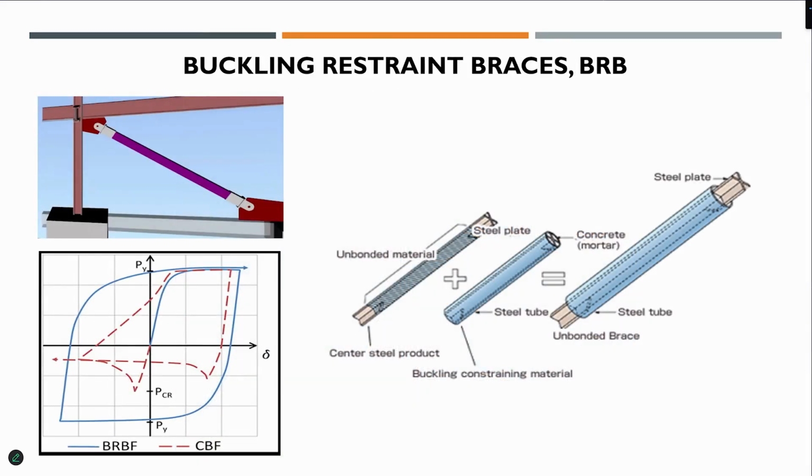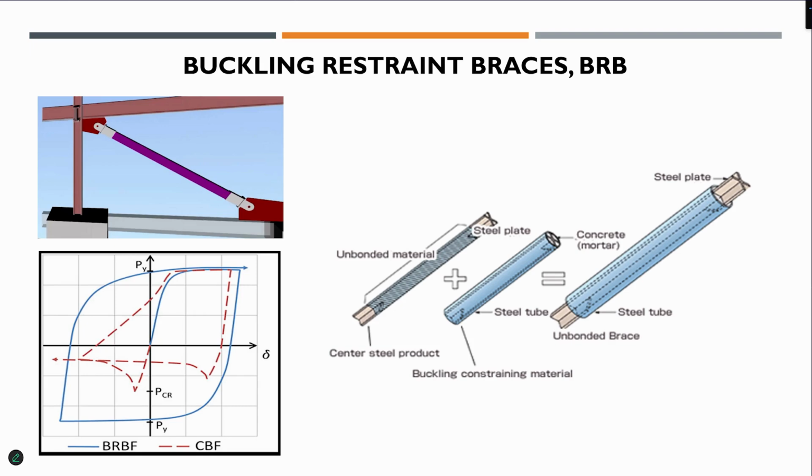So this is the BRB, which can replace the braces, and this can also be used as an outrigger and also as a damper. We will talk about this when we go to seismic design and seismic evaluation. Okay? So BRB basically is a very interesting device. It's a very simple concept, and one wonders why it takes so long to come up with simple things like this.